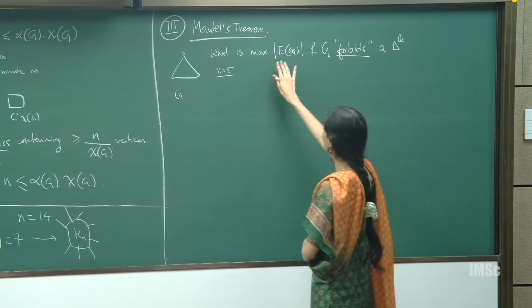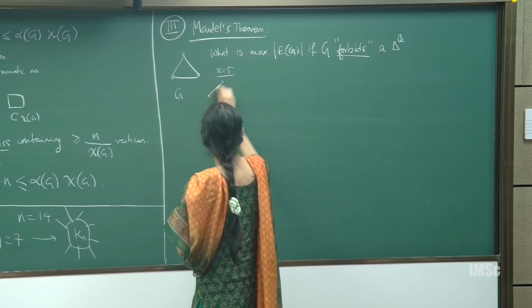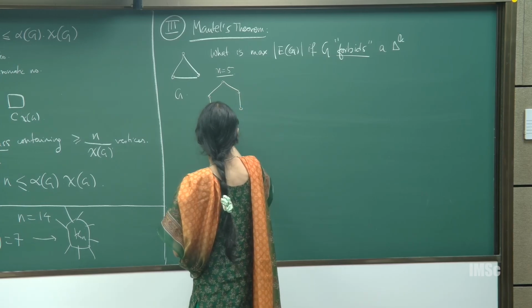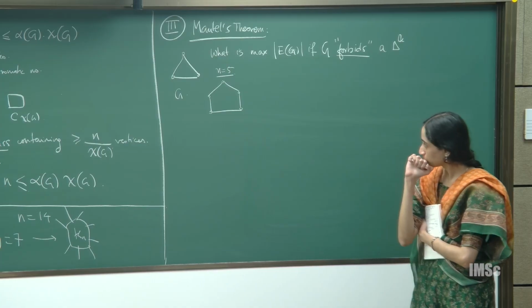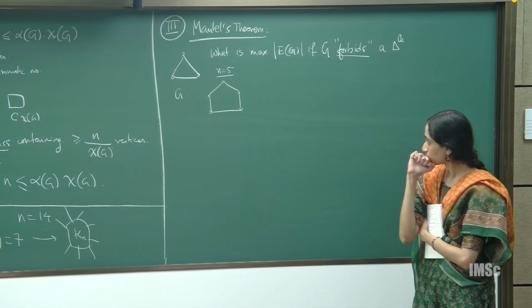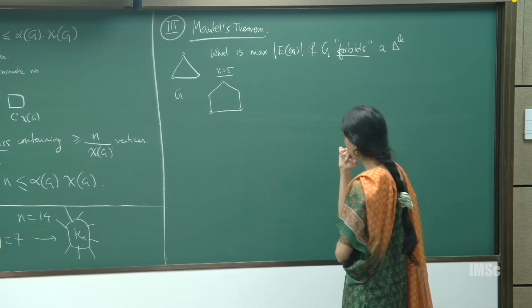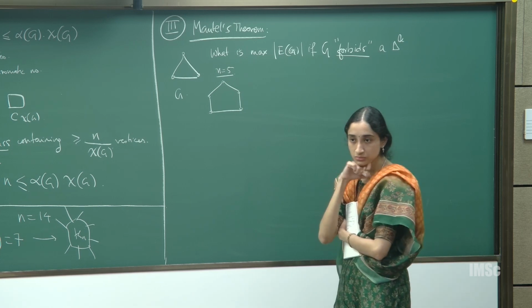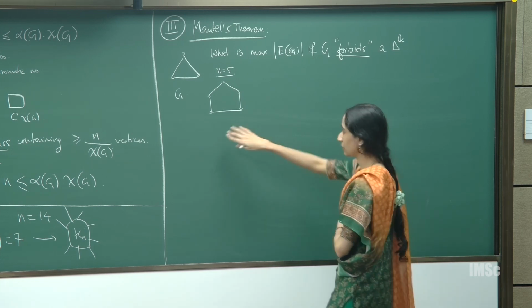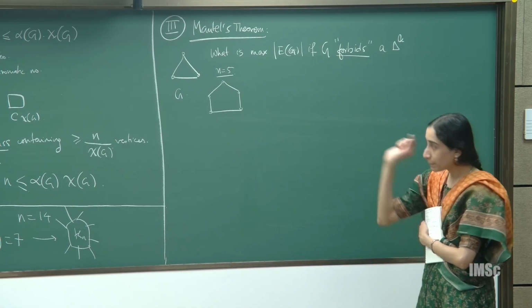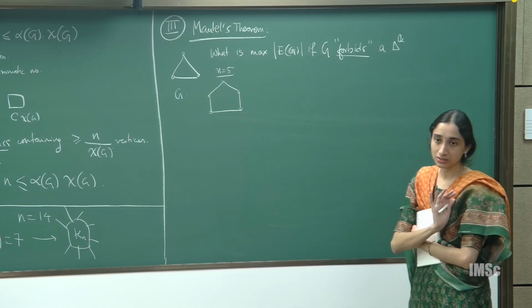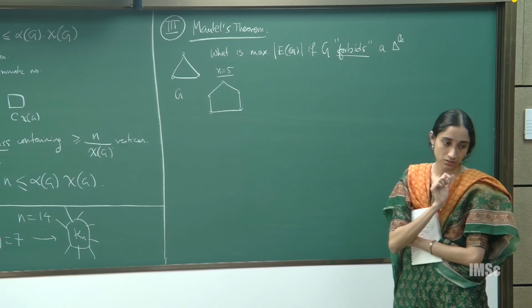I mean, you have to estimate this quantity, so it's not clear how to estimate. So I want you to pump in as many edges as possible, but not introduce a triangle.